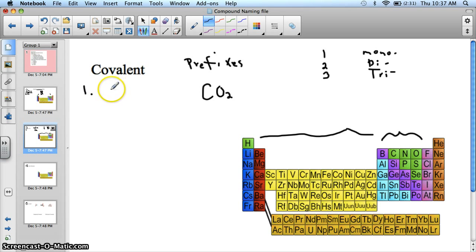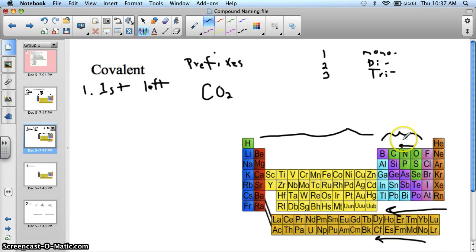So the one you put first in a covalent bond is the one that is farthest to the left on the periodic table. Farthest to the left in the periodic table is the one that comes first. Between carbon and oxygen, carbon is the one that is farthest to the left.